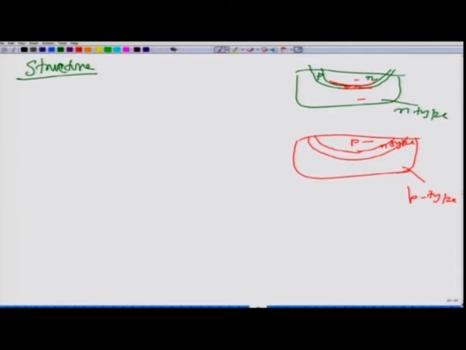If you do this, you have a PN junction here, this side is P, this side is N, and then you have a junction here, this side is N and this side is P. So, you have two types of possibilities. This type is known as Npn transistor, and this type is known as Pnp transistor. Npn means you have P sandwiched between n type and n type, and Pnp means you have n sandwiched between P and P.